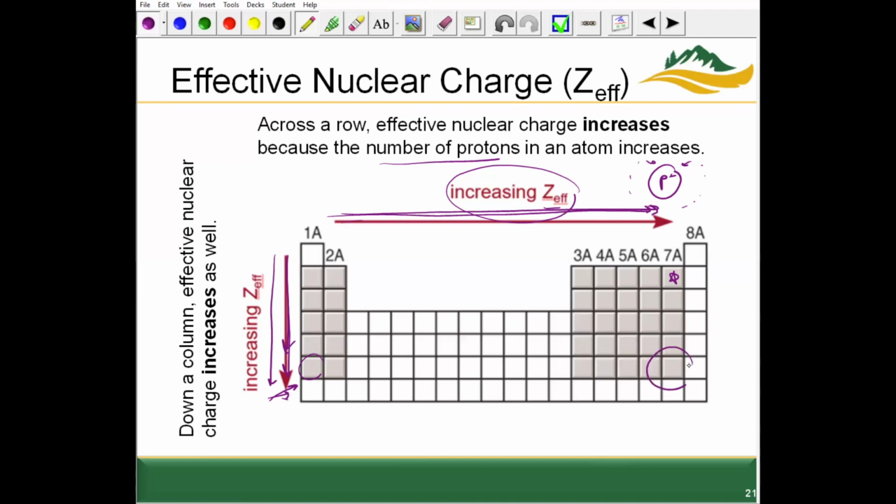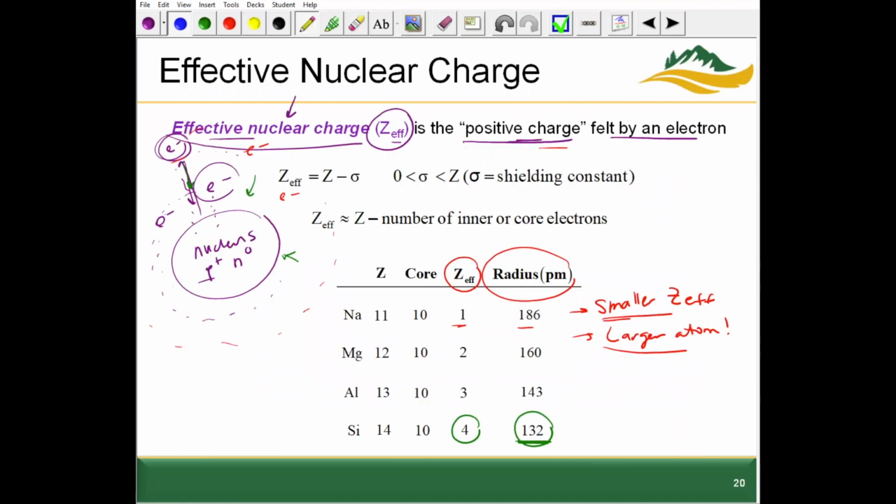So something down in this direction on the periodic table will have a really large effective nuclear charge. More protons will pull in those electrons more tightly towards the nucleus. That's what we call a higher effective nuclear charge, or how much positive charge is felt by an electron.